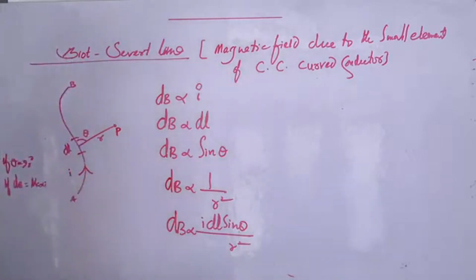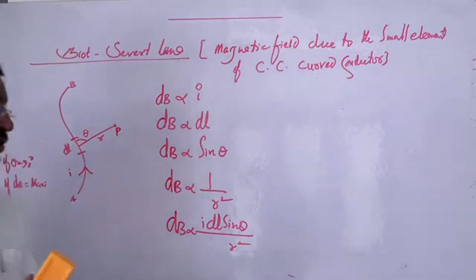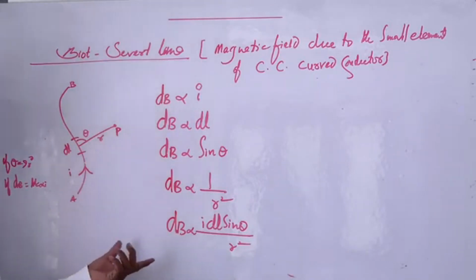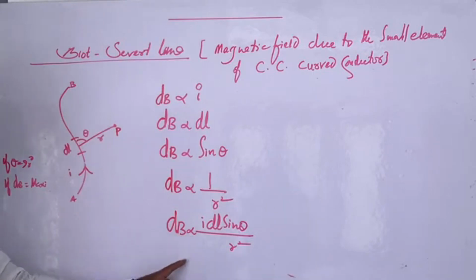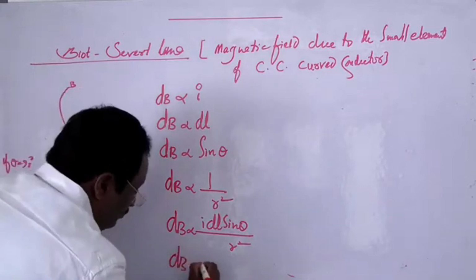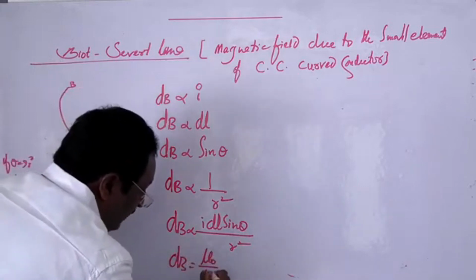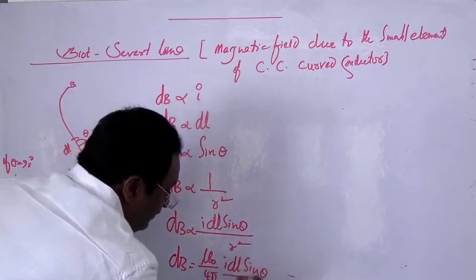It is always constant; in all places, the magnetic permeability of free space and air is constant. We are taking this constant in the form of a proportionality constant. It is in our physics culture that whenever the proportional symbol is removed, we write a proportionality constant. What is that proportionality constant? dB is equal to mu naught by 4 pi, I dl sin theta by r square.